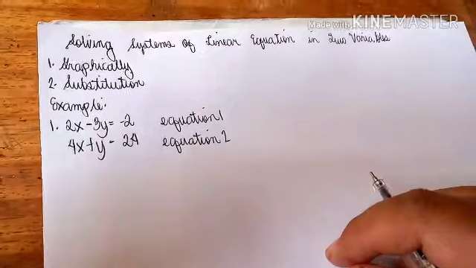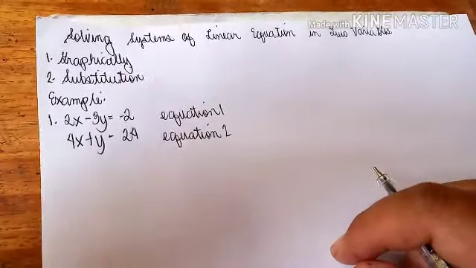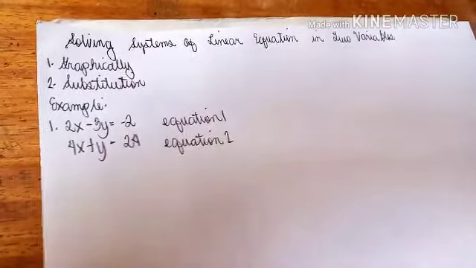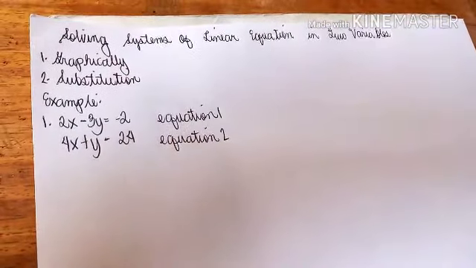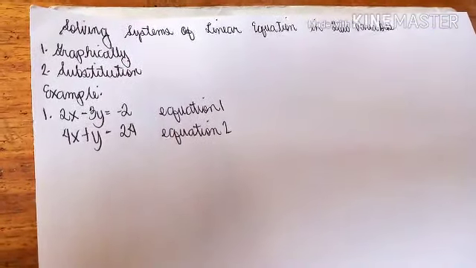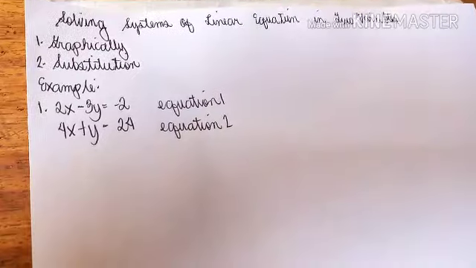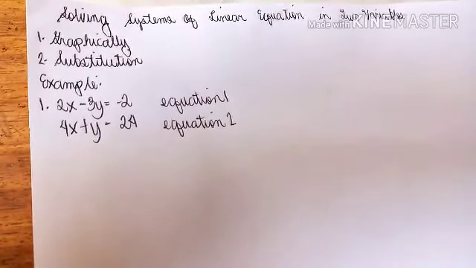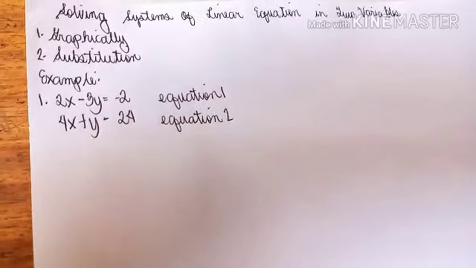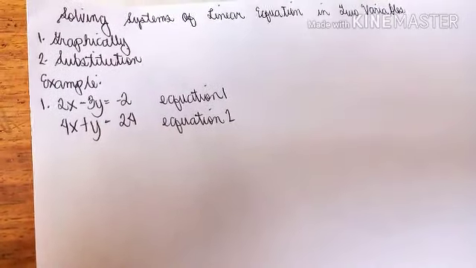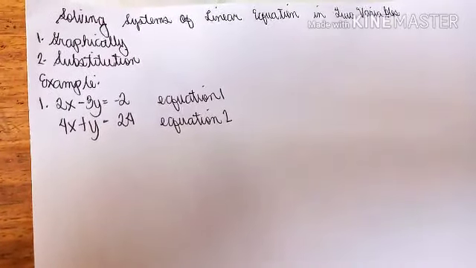Okay, let's have an example of solving systems of linear equations in two variables. Graphically would be the first method, but for now, let's use substitution. I have here an example, and I already labeled the first equation as equation 1 and the second equation as equation 2.